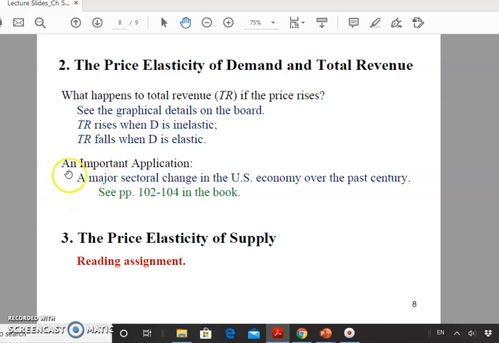In the book, you can find a very important application. I think the author talks about several applications of this price elasticity of demand. Okay? But among them, there's one very interesting, at least I find it very interesting. It talks about how farmers adopt new technologies and become more productive. Okay?